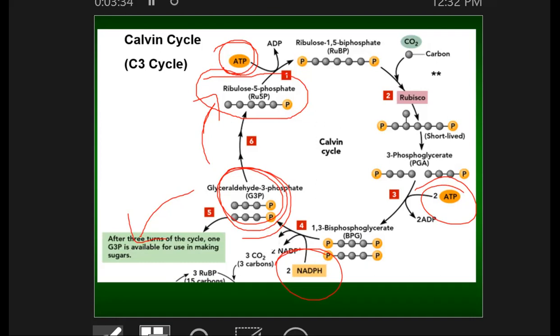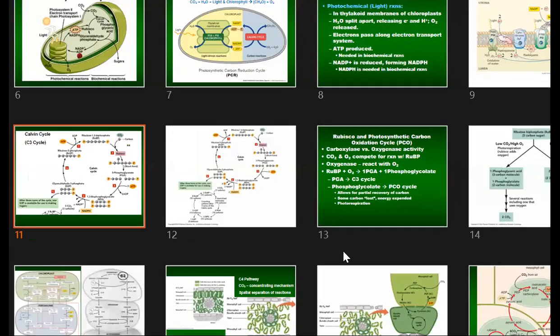What does the O stand for? Not carboxylase. What does the O stand for? No, somebody knows. What does the O stand for? Yeah, thank you. Oxygenase.